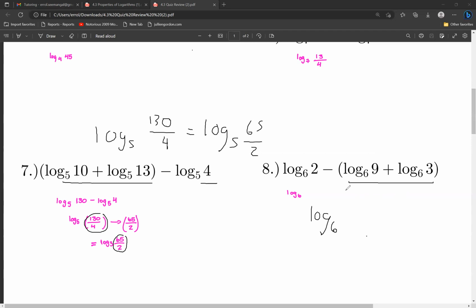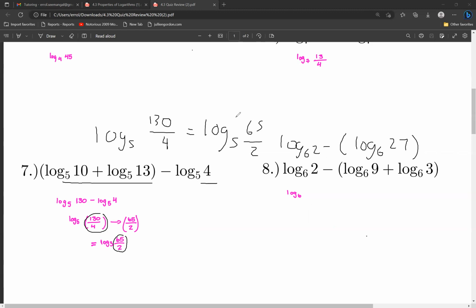Actually, no. This is a -1 right here. So multiply the -1 into the brackets. Well, actually, no, my bad. Do the brackets first. That's an addition sign. So we're just going to rewrite this one. Log 6 2 minus log 6 27, right? 9 times 3 is 27.